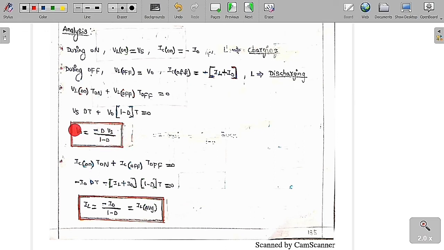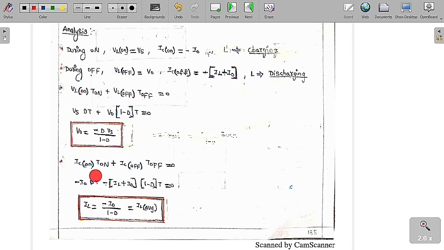The sign convention you need to remember: the upper part is positive and the down part is negative. Otherwise, if you take the down part as positive and the upper part as negative, then it will be d into Vs by 1 minus d. But you have to take this convention, with the upper part always positive and the down part always negative. So V naught average is equal to minus d Vs by 1 minus d.